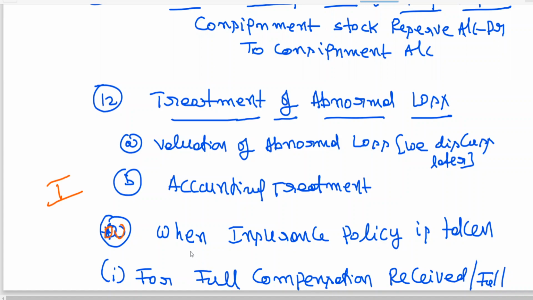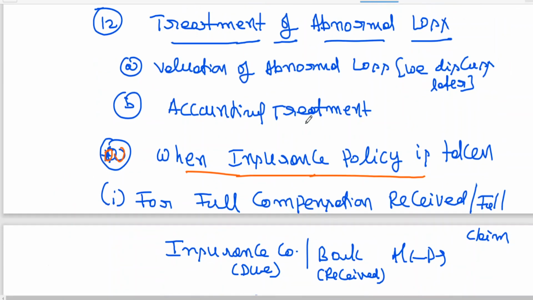When an insurance policy is taken, this is the first alternative. Which one? This one. Okay. First alternative.